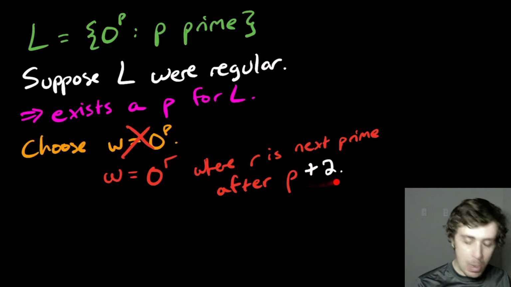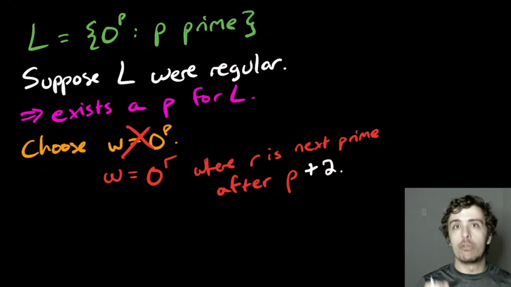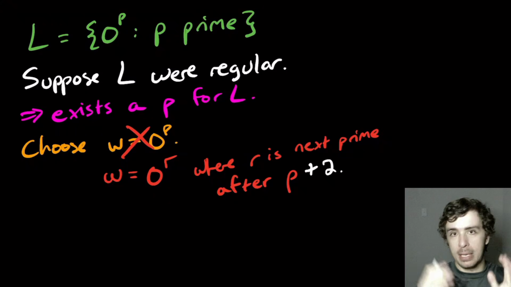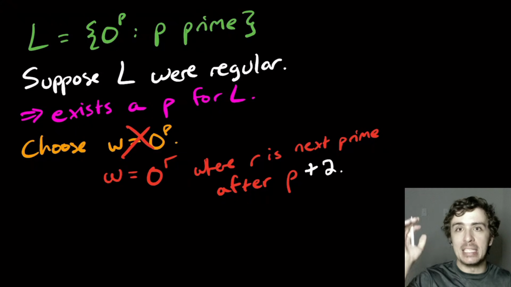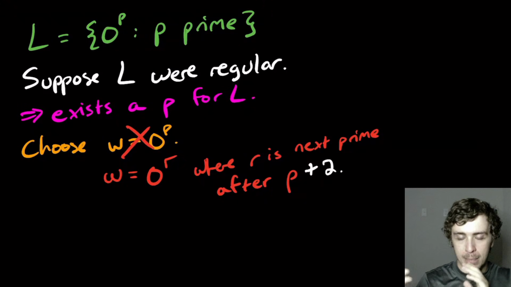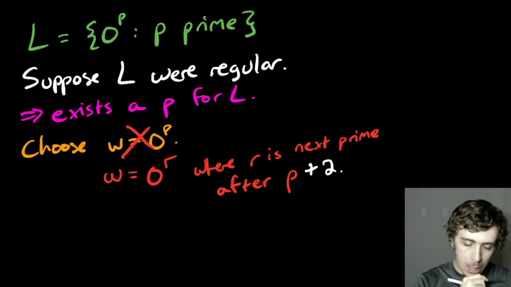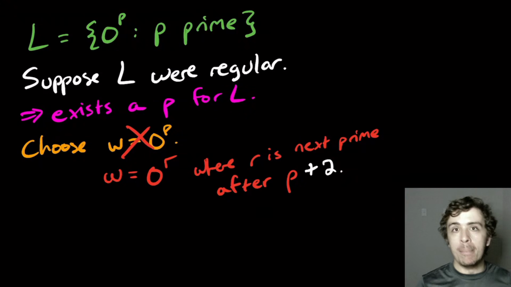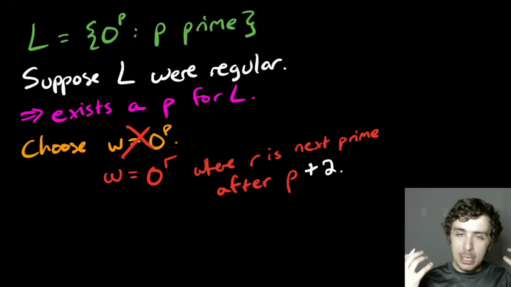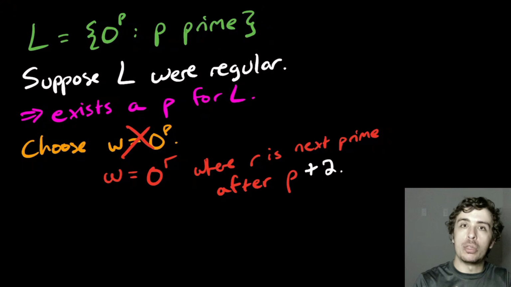So you may think, okay, why is there a plus 2 here? It goes back to the definition of what a prime is. A prime, remember, is a number where the only ways to divide it are by either itself or 1. There are no things that are at least 2 that multiply into p. So where does this plus 2 come from? We need to be able to exhibit 2 things that multiply to the string's length.